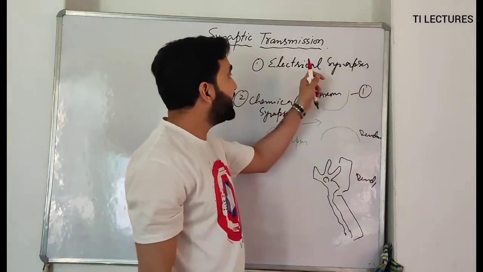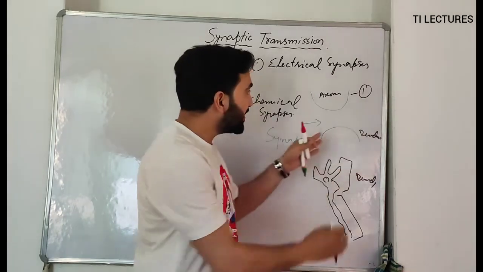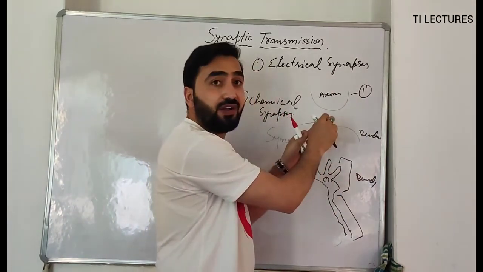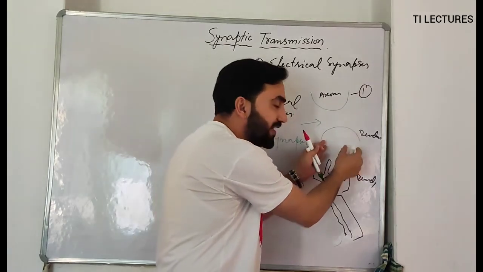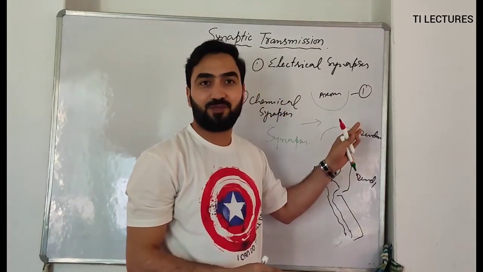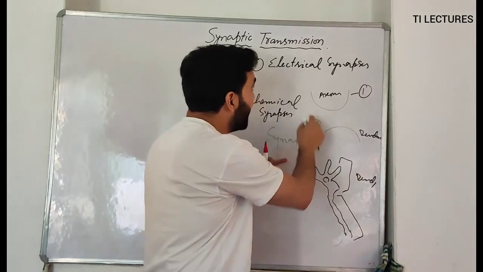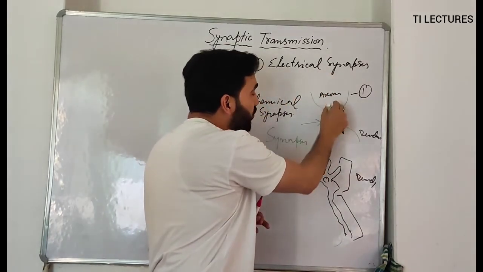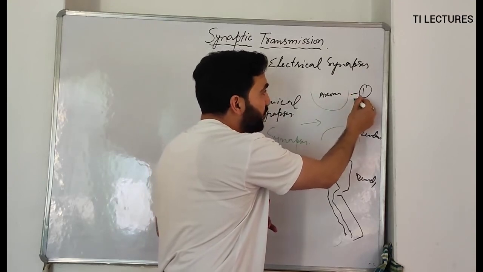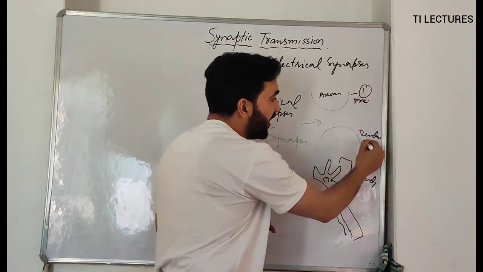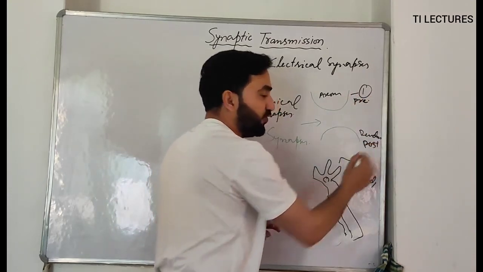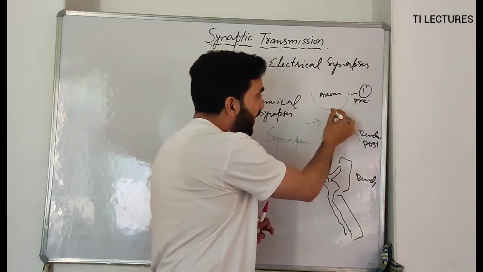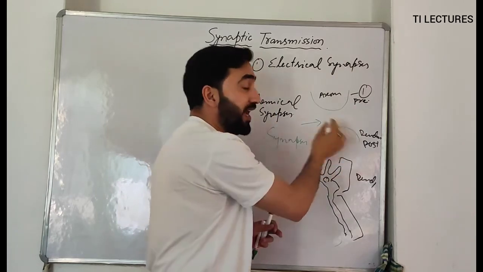So what will happen in the electrical synapse? Electrical synapses mean the axon of one neuron influences the dendrite of another neuron. But here, in electrical synapses, the two neurons, this is the presynaptic neuron, and this is the postsynaptic neuron, are connected to one another by a gap junction.